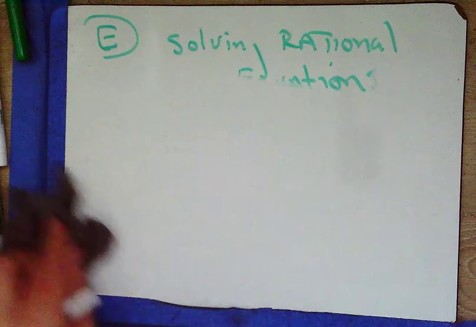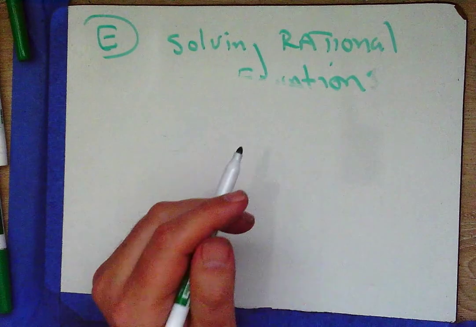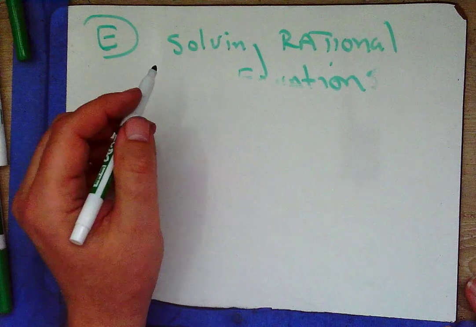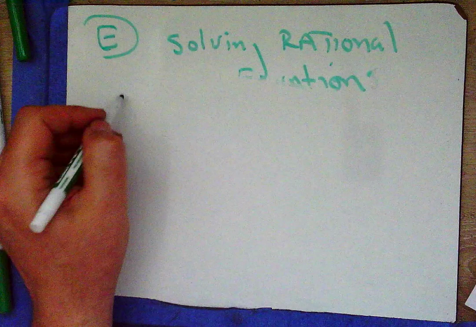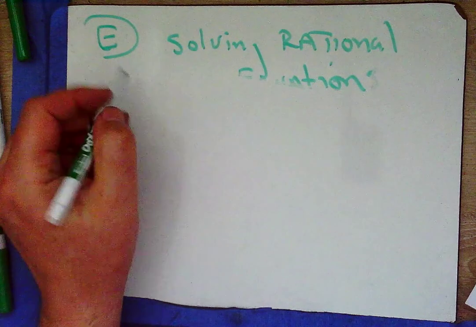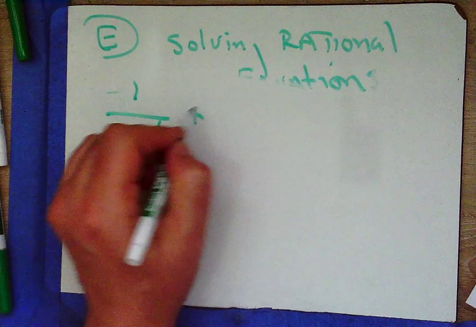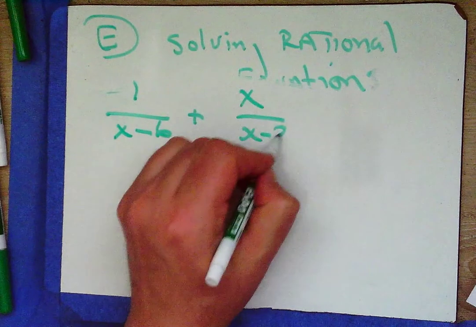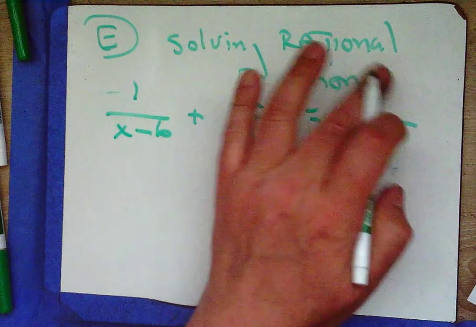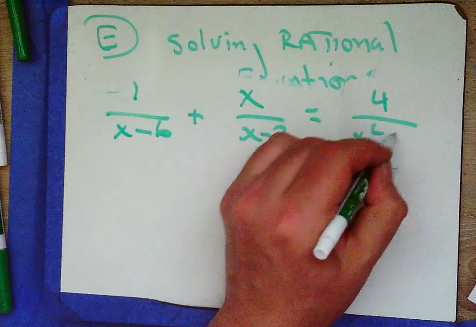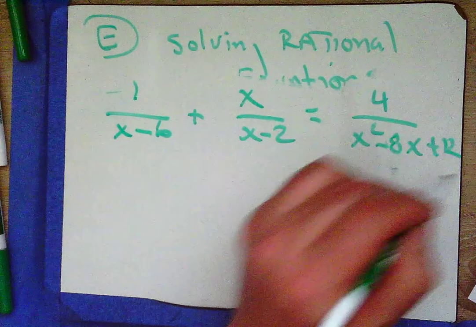But when I come to a problem like this one, 1 over x minus 6 plus x over x minus 2 equals 4 over x squared minus 8x plus 12.